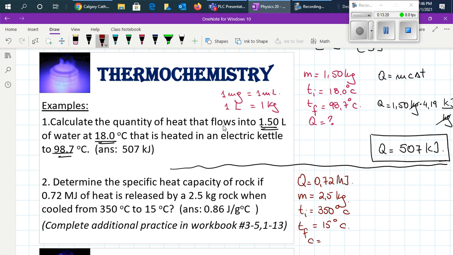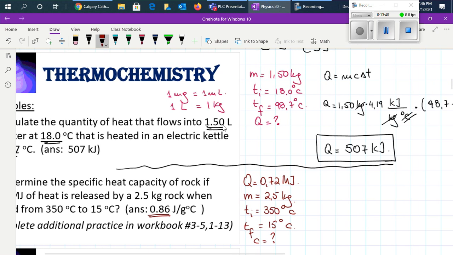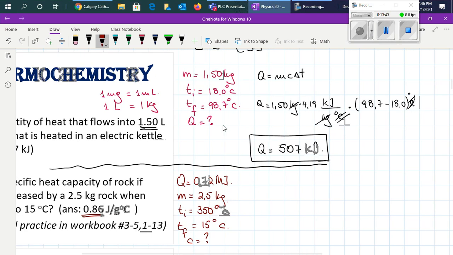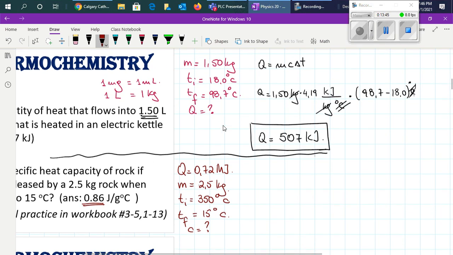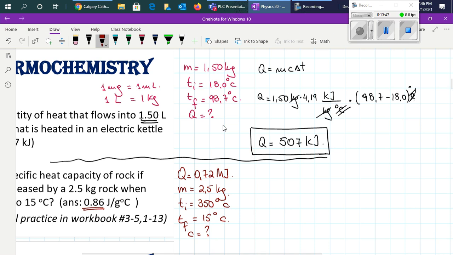We are looking for C here. As you see, the lowest number of significant digits is 2, so the final answer should have 2, and considering that the leading zeros are not significant, 0.86 has the correct number of significant digits.